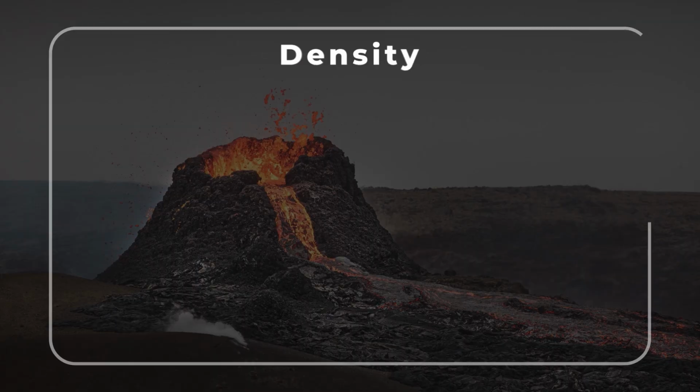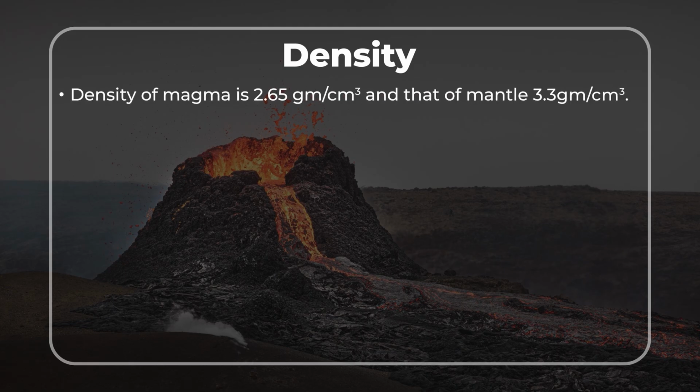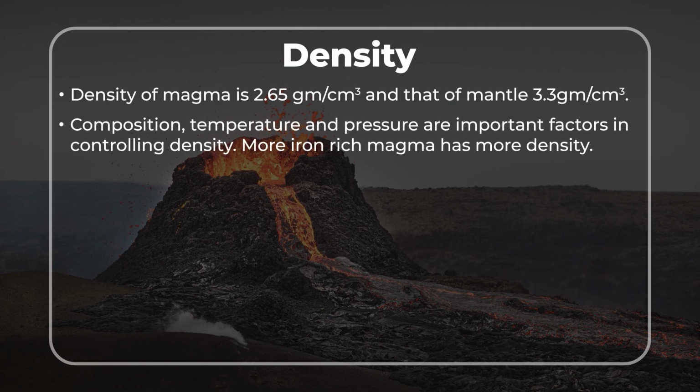Now, density. The density of magma is 2.65 grams per centimeter cube, and that of mantle is 3.3 grams per centimeter cube. Composition, temperature and pressure are important factors in controlling the density.